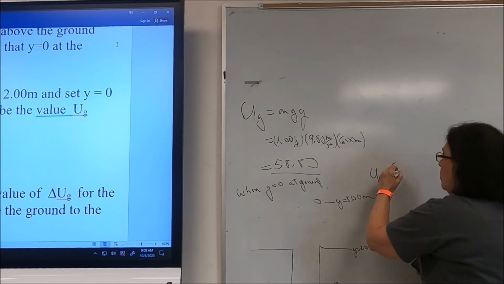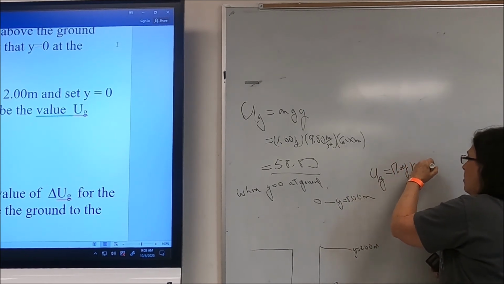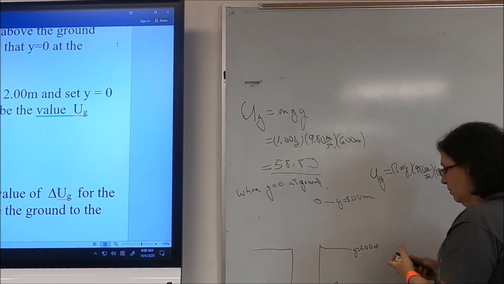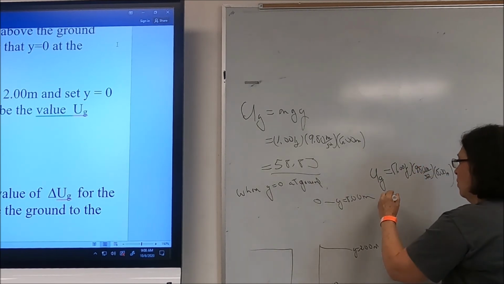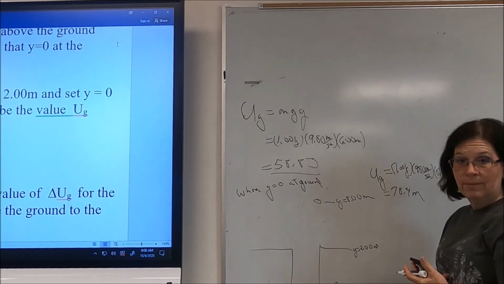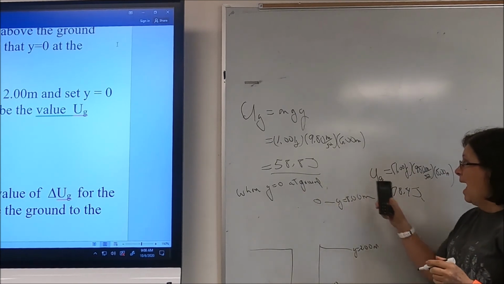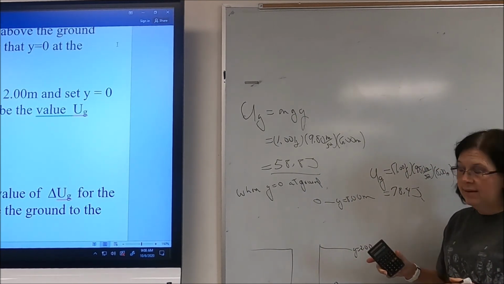U_G now would be 1 kilogram times 9.80 meters per second squared times 8 meters. So 8 times 9.80 would equal 78.4 joules. See how the absolute gravitational potential energy looks very different from the two places?